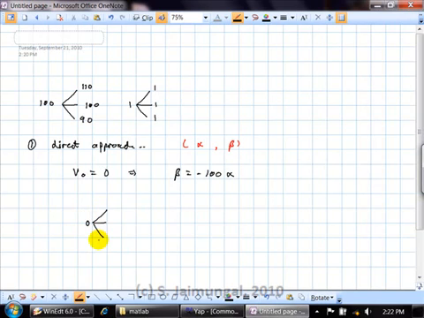And in the 3 states, if we're in the up state, we'll get 110 times alpha minus 100 alpha, so that's 10 alphas. If we're in the middle state, we would end up with nothing because 100 times alpha minus 100 times alpha is 0. And in the down state, we would end up with negative 10 times alpha.